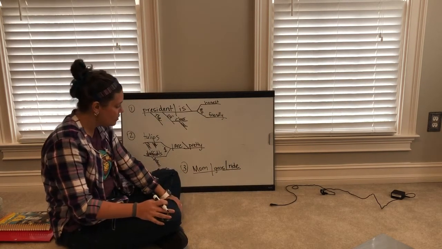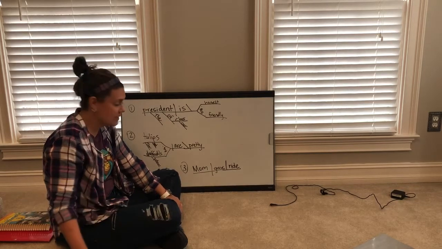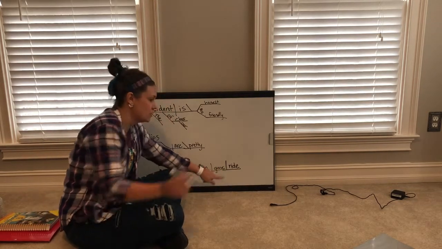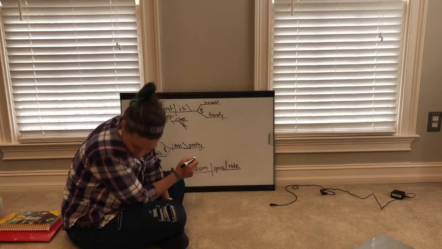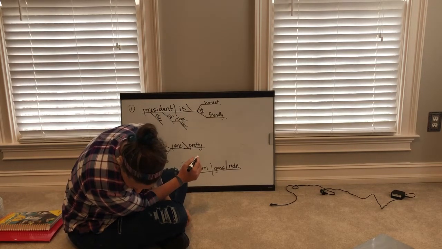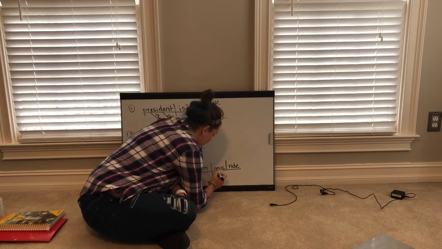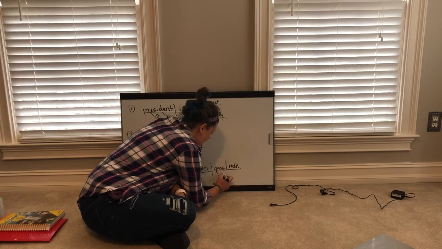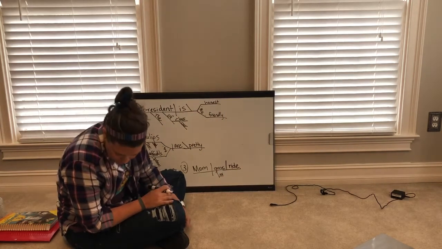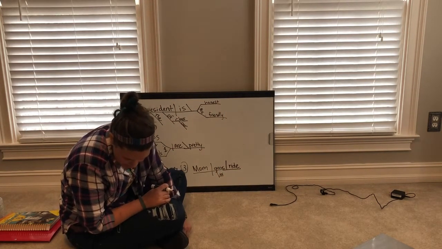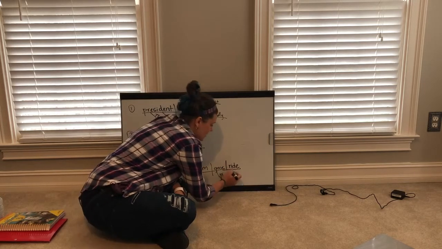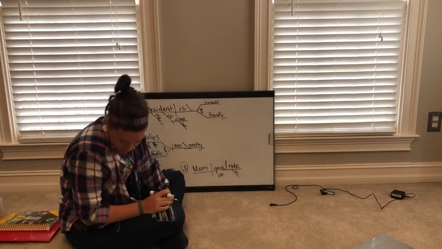And then the indirect object actually doesn't go under ride, it goes under the verb. So it's going to have a slanted line and then a straight out line like this that says us. That's the indirect object. And then A goes under ride, it's an adjective describing the ride.